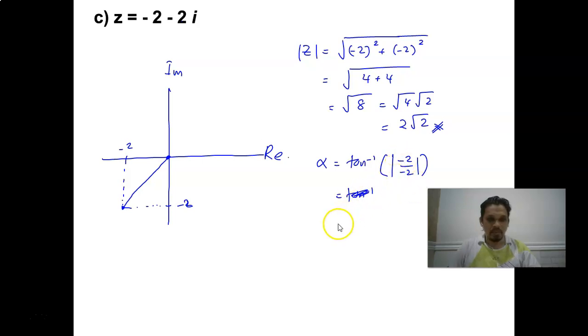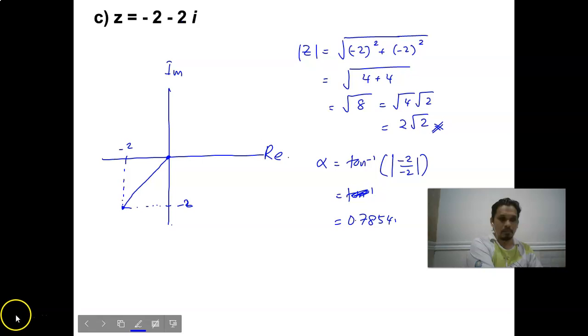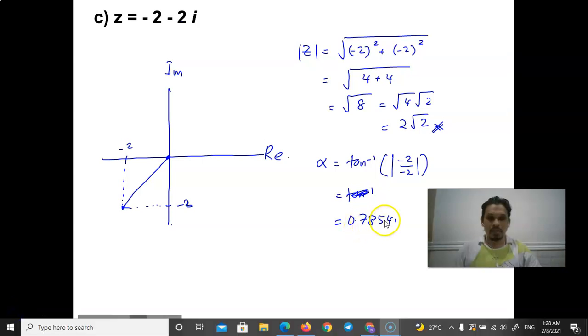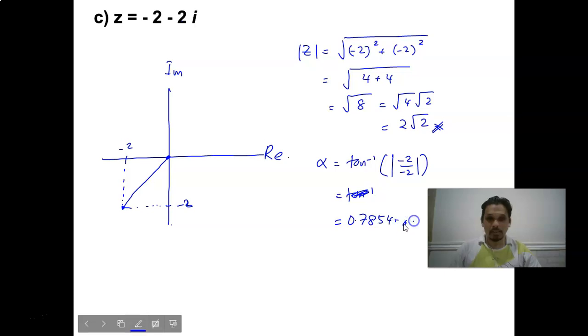Okay, this one here gives you 0.7854 radian. Okay. Class, you may just use the calculator to get the answer for this.